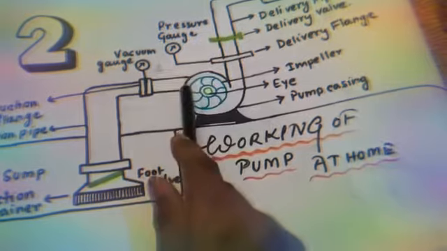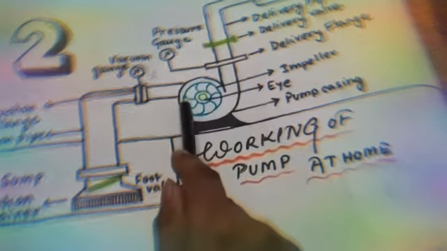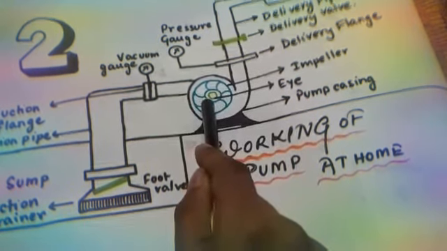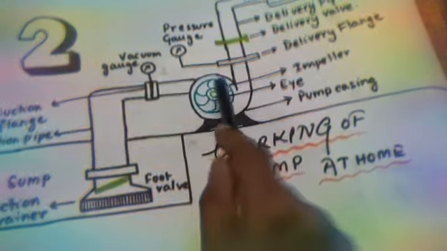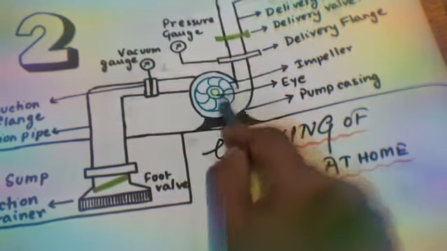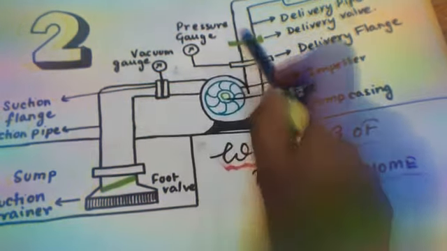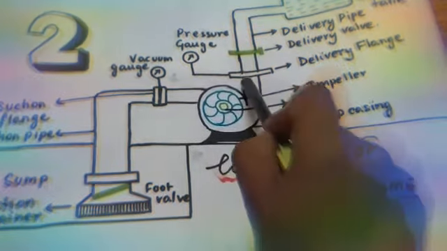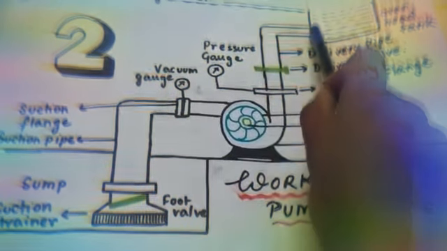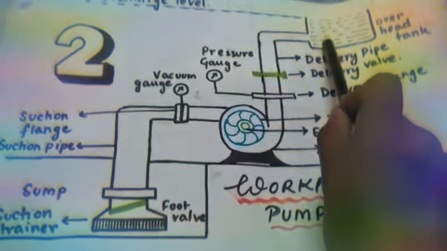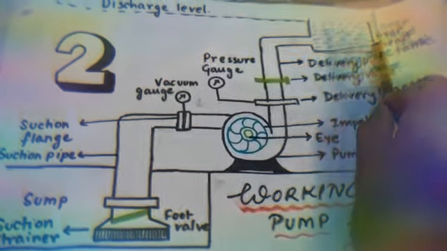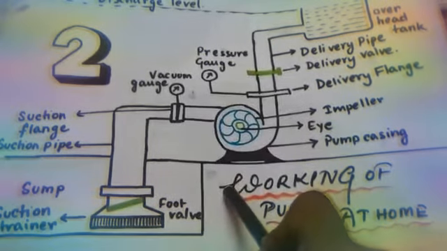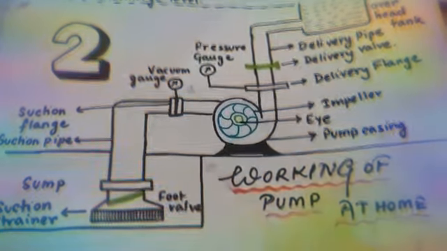Now the water will be guided through this impeller. This is the eye of the impeller, and the motor here pushes the water up against gravity. The water goes on, the pressure gauge maintains the pressure, and the water moves like this. Then we store the water in the overhead tank, and this is the discharge level. So this is the second important application of electric motor.